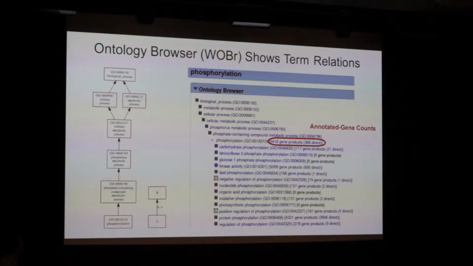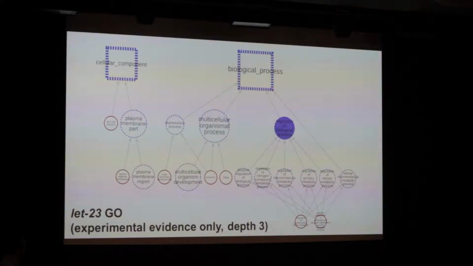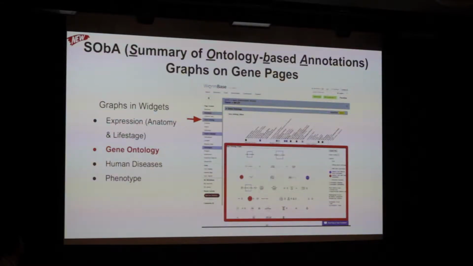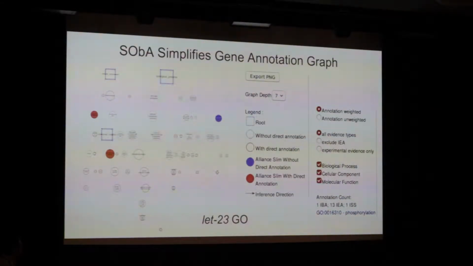I also want to say that this graph is very interactive. You can click on each node and get more information. If you mouse over or click on any given node, you will see the specific counts of annotations and the term, which is a hyperlink.